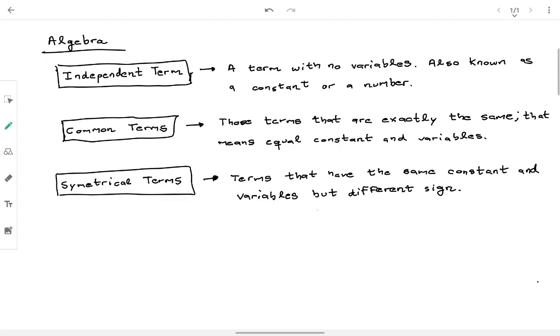That means maybe 5 and minus 5, maybe x and minus x, maybe 3x squared y and minus 3x squared y, maybe 2/7 ABC and minus 2/7 ABC.